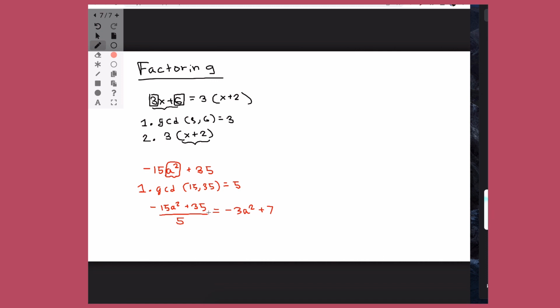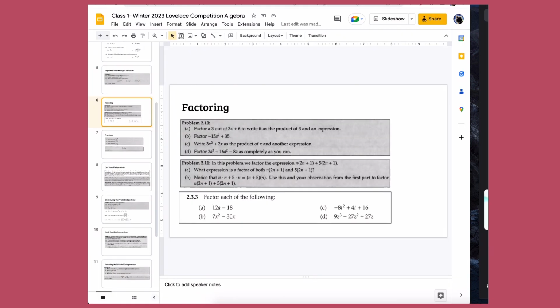But then obviously we need to multiply by 5 again to get our original expression. So this is just our factored form. Okay, so that should have been pretty simple.